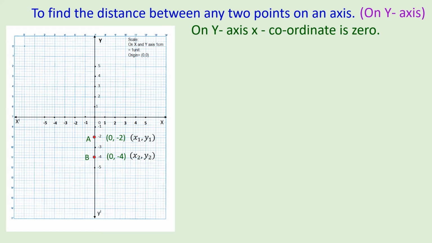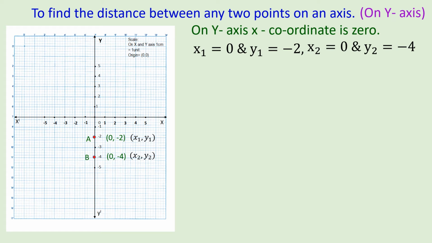Since points A and B are lying on the y-axis, the x coordinate will be 0, as you can see in the coordinates of both the points. Therefore, point A has x1 equals 0 and y1 equals -2, and B has x2 equals 0 and y2 equals -4.